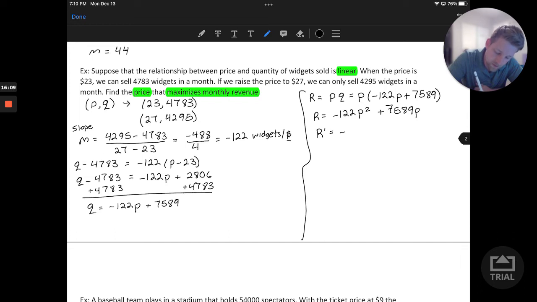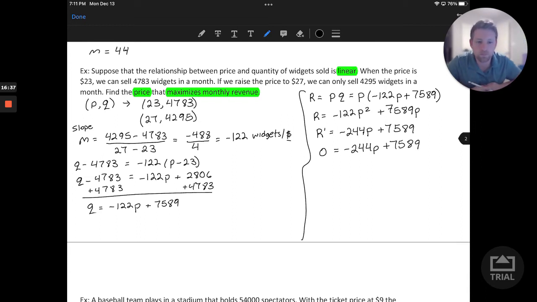So we have negative 244, excuse me, P plus 7,589. That'll give me my r prime. And now we just want to set this equal to 0 to solve the rest. And doing a little bit of solving here for P, we have 244 times P equal to 7,589.